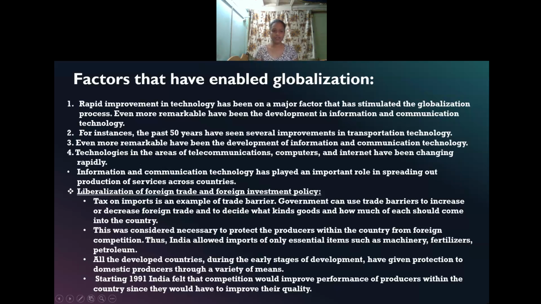The liberalization of foreign trade and foreign investment policy. Let us take the example of the import of Chinese goods to our country. Suppose the Indian government puts a tax on whatever goods are imported to our country. If they put a certain amount of tax, then what would happen?